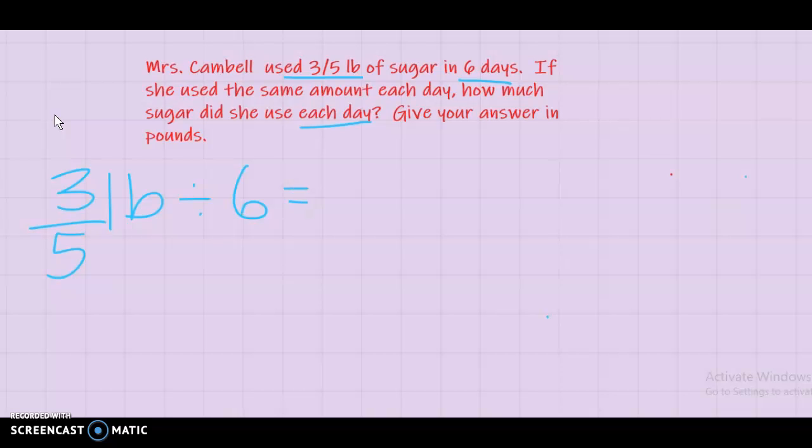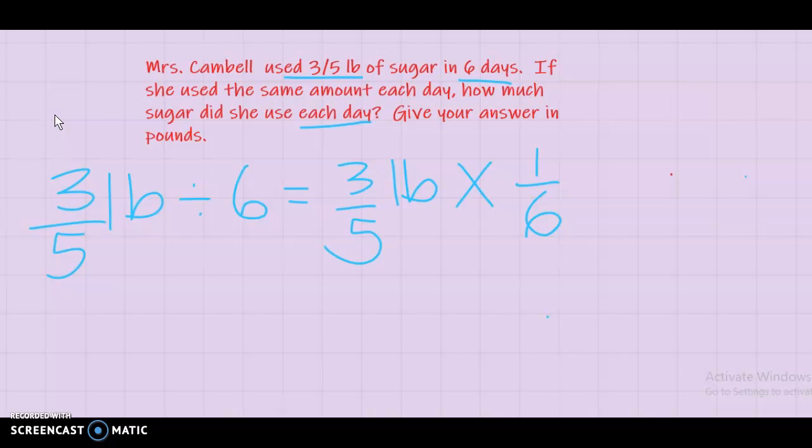That's the same as saying what is 1/6 of 3/5 pound. And we can also write it as 3/5 times 1/6, the 6 parts that we're going to divide it into.